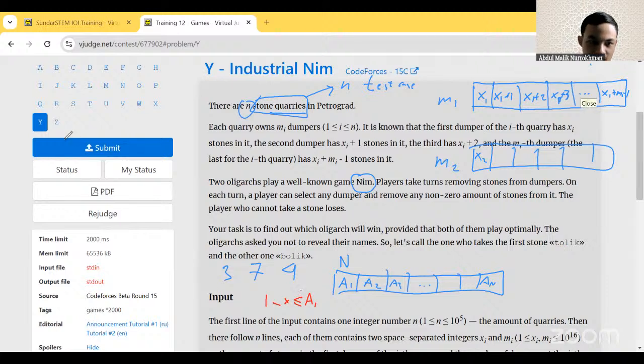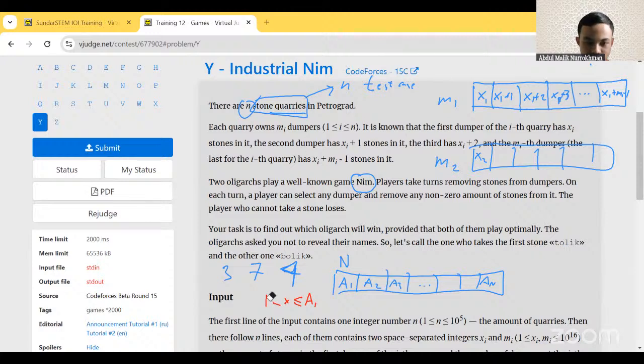Okay, sorry, this is 4, not 9. Sorry, I think 9 is like this. Okay, sorry, I think we misinterpreted. Okay, yes. So we agree that the winner is the second player.